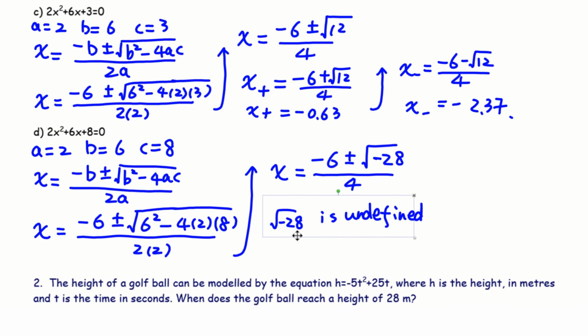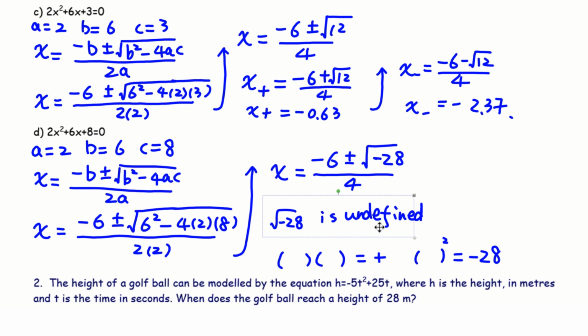Why is it undefined? Because when two numbers are the same number times together, we always have positive. Then square root of 28 means you are looking for two numbers times together that give you negative 28. And two of the same number multiplied won't give you negative, it will be positive.